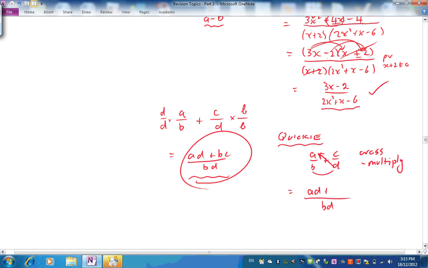A by D plus C by B. Okay, so you can get there with this quickie method. We would always prefer you know why it worked though. That you are making another fraction equivalent to the first one by creating a common denominator.